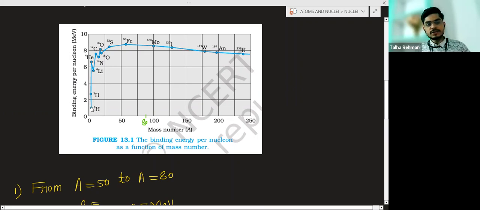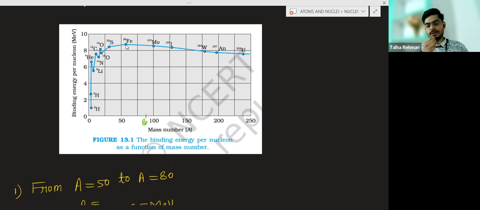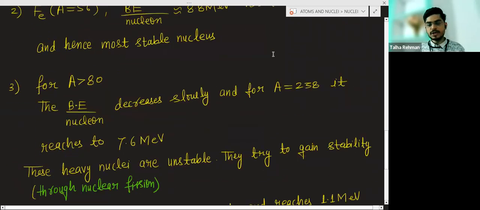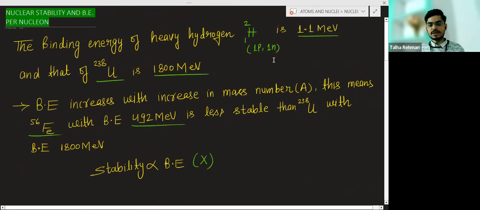Binding energy per nucleon is least there, and maximum binding energy is seen in the iron nucleus. After iron, the binding energy per nucleon again decreases, and the least binding energy per nucleon is of uranium-238. So we have seen these things in the last classes.